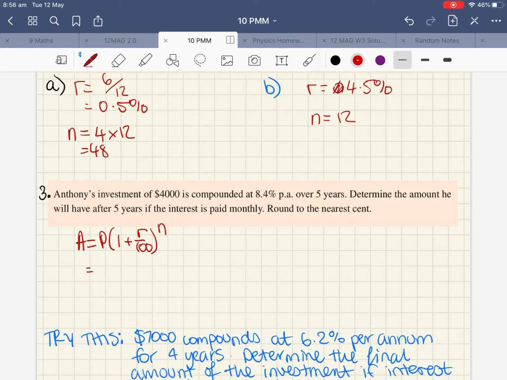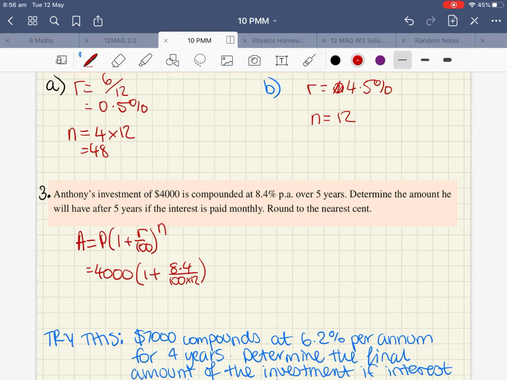In this case, we've got 4,000, 1 plus, now we've got 8.4 on 100. But we also have to divide it by 12 because that 8.4% is getting paid out over 12 months. So when we divide the 8.4 on 100 by 12, that's just the same as putting the multiply by 12 on the denominator.